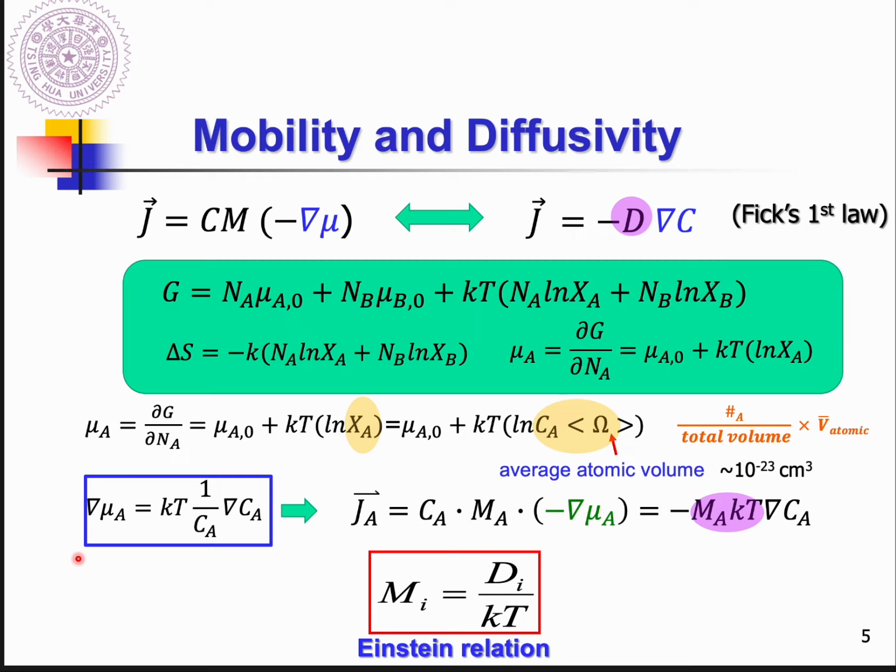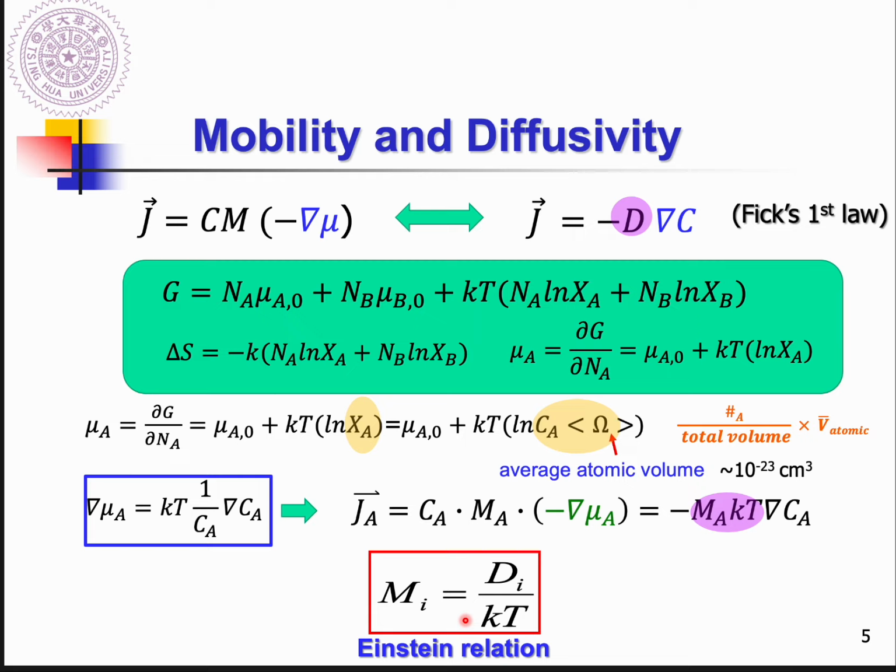The second one is the relationship between the chemical potential gradient and the concentration gradient. And the third one is the relationship between the mobility and diffusivity. Okay, so please highlight these 1, 2, 3 pieces of information.